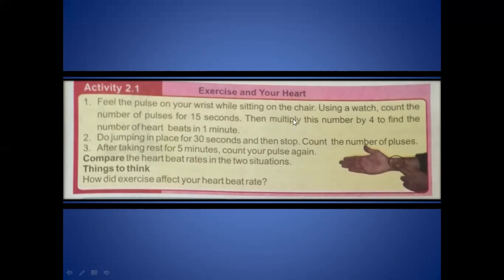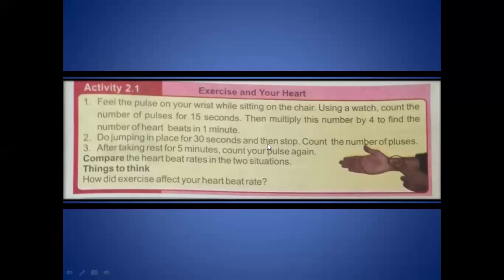One initially at rest, then do jumping and count the number of pulses, then again rest, take rest for 5 minutes and count your pulse rate. Compare the heartbeat rates in the two situations. In resting condition, one situation, second condition is jumping, and find out the difference.